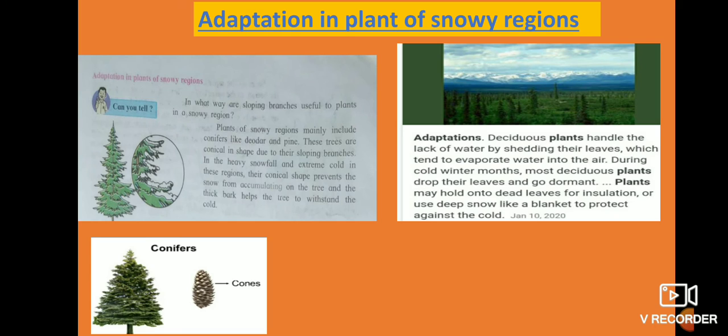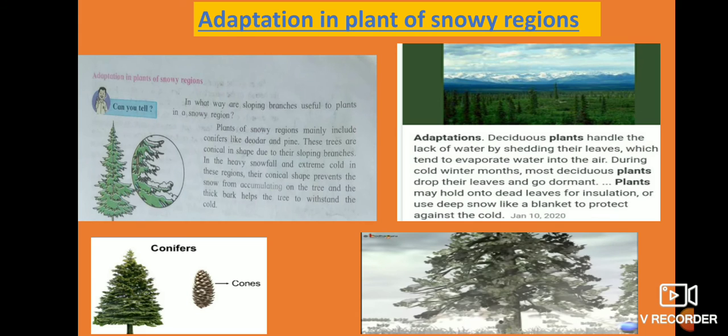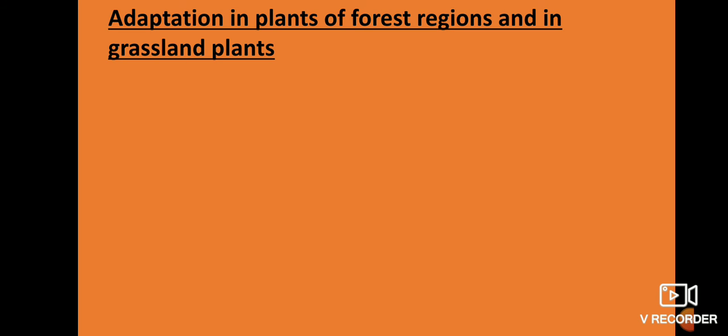Here the coniferous, meaning cone-shaped trees, are there, and cones. See here, it is shown in this figure how the snow falls on the plant and slides down from the plants. In this way the adaptation of a plant takes place in the snowy region.